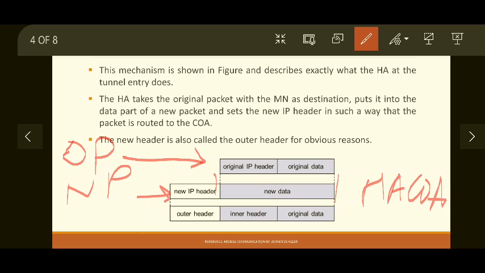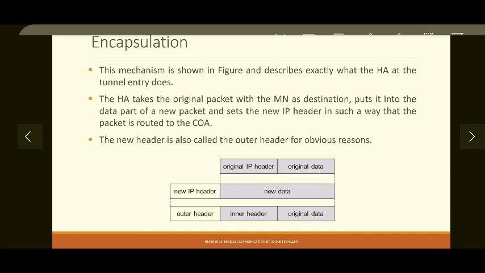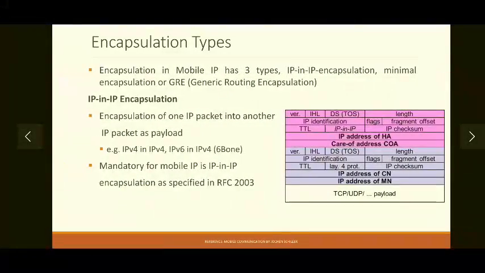Okay, so this is the resultant packet, which consists of two headers, outer header and inner header, and data. So this is how encapsulation is done.